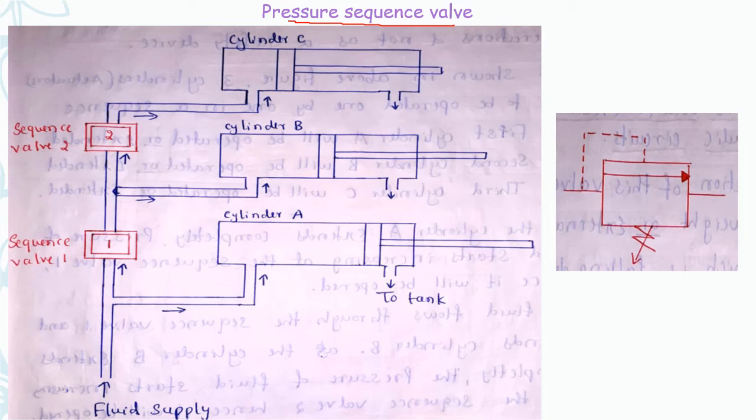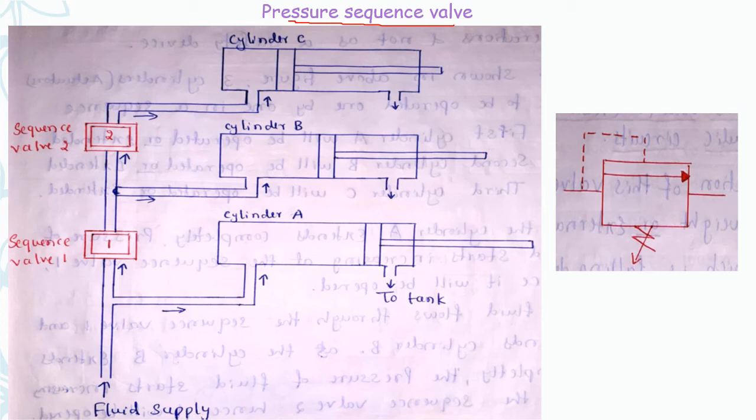The working principle of this valve remains the same as that of a pressure relief valve, but it is used to control the sequence of operations and it is not used as a safety valve. Whereas a pressure relief valve is mainly used for safety purposes, the pressure sequence valve is used to control the sequence of operations.